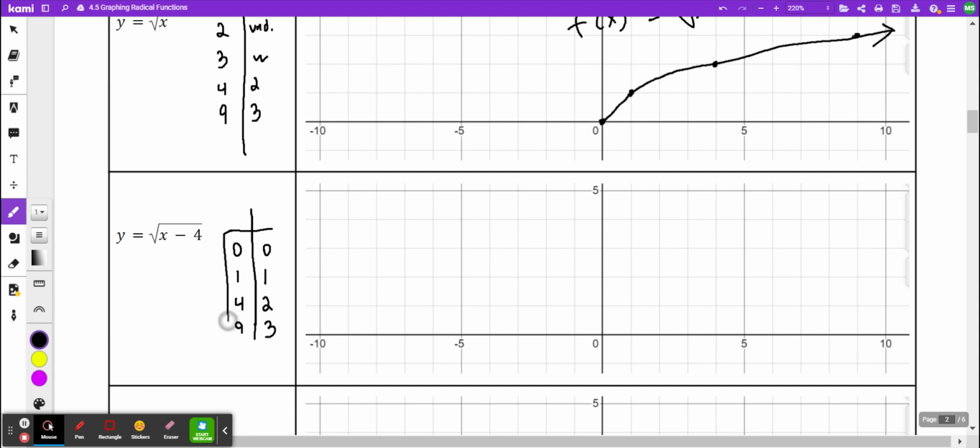So these are not the points I want; the square root of my answer will equal this.